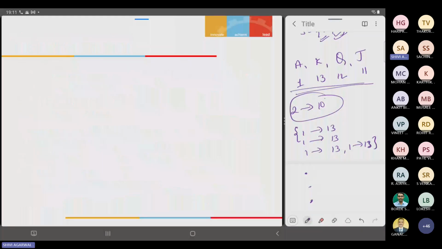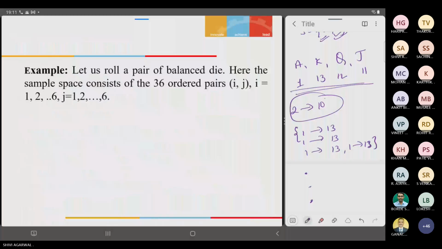Don't worry, we will do it so many times. I'm just giving the example, then only you can understand it better. Roll a pair of balanced dice, where the sample space consists of 36 ordered pairs (i, j), so i is equal to 1 to 6, j is equal to 1 to 6.